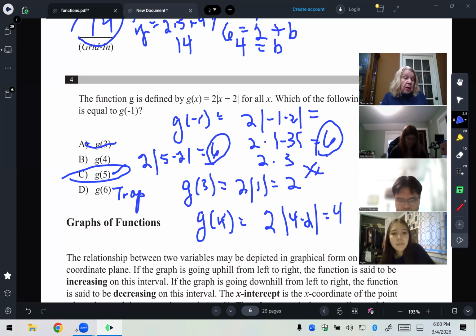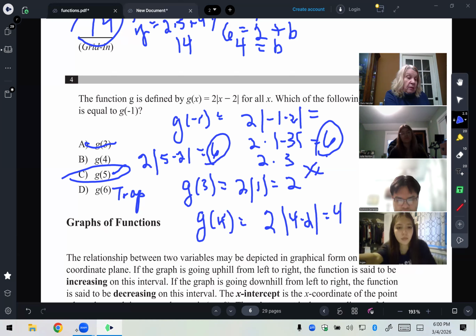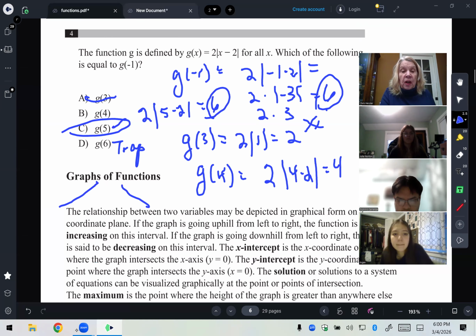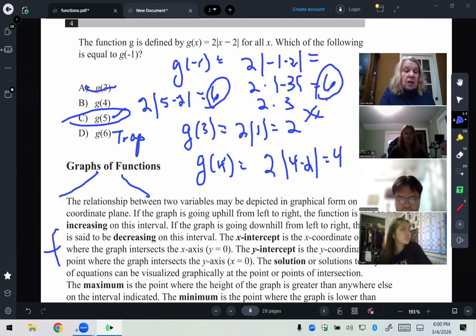Okay, this is just going over the graph things. So, you know this already. If it's increasing, it goes from left to right this way. Decreasing is this way. And I've given you my little thing about the x-intercept. That's where y is 0, and the y-intercept is where x is 0.